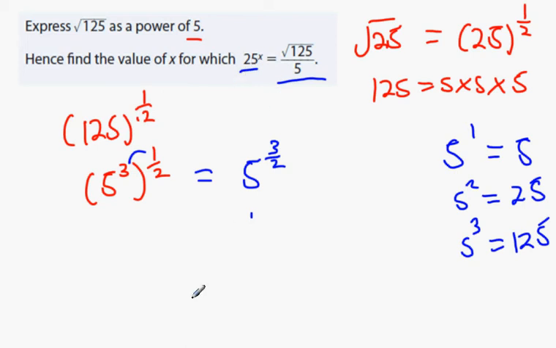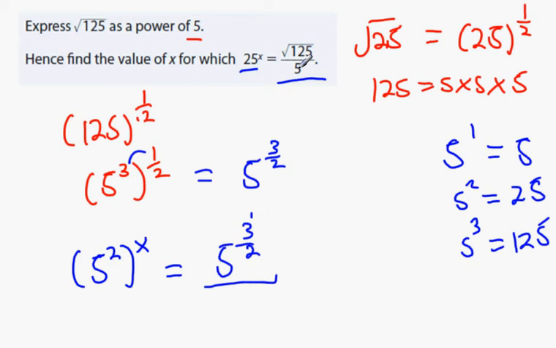Change everything to 5s. Change 25 into what? 5 to the power 2, all to the power of x. Change root 125 into 5 to the power of 3 over 2. We already did it. And finally, this one is 5 to the power of 1.